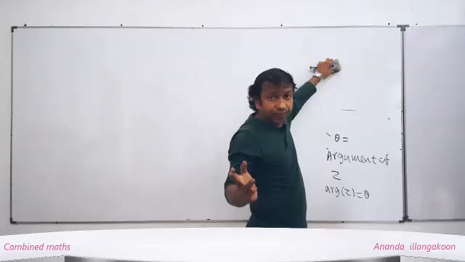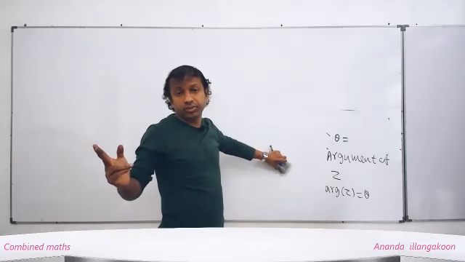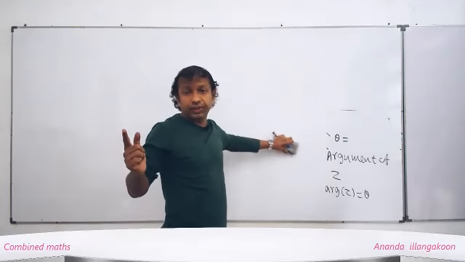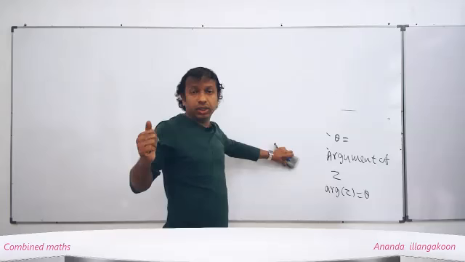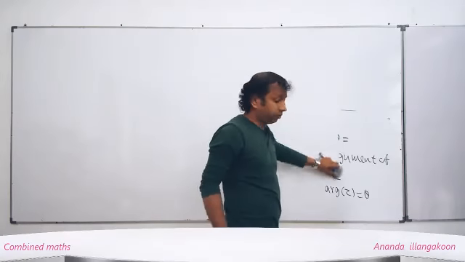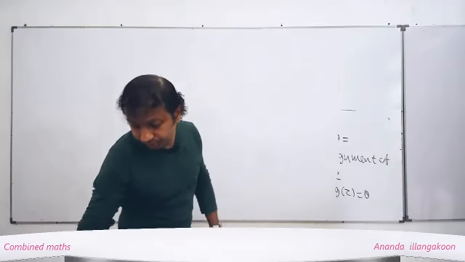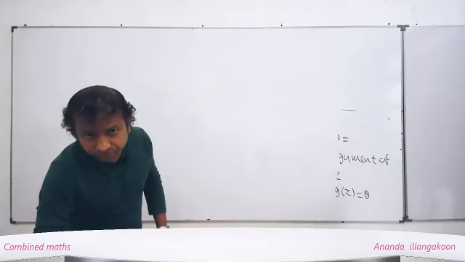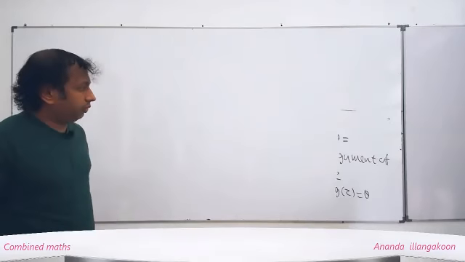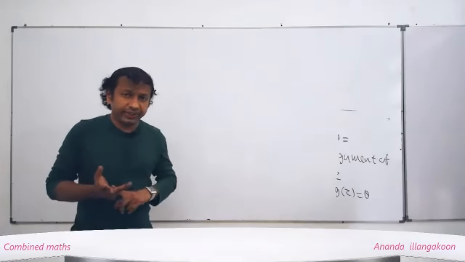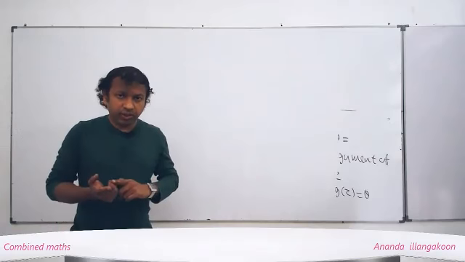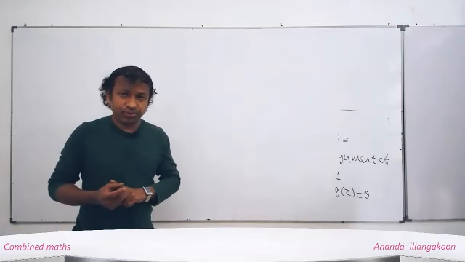Straight line, circles, parabola, hyperbola, ellipse. Those days for coordinate geometry, we had straight lines, circles, parabola, hyperbola, ellipse.